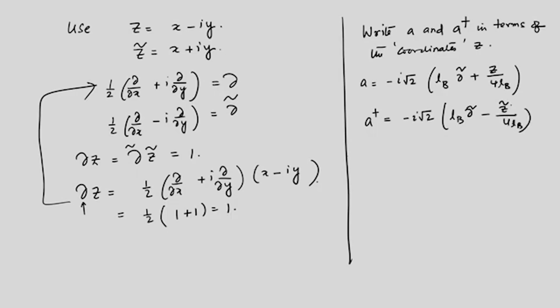This will not be a tilde. Okay, all right. So this is fine. Now, LB is equal to root of h cross over eB, which is what we have studied earlier. It is basically the magnetic length and it is related to the guiding center, which we have discussed, this motion of the electrons in a magnetic field.